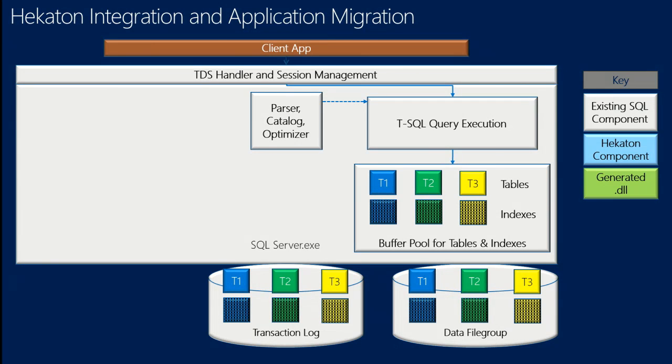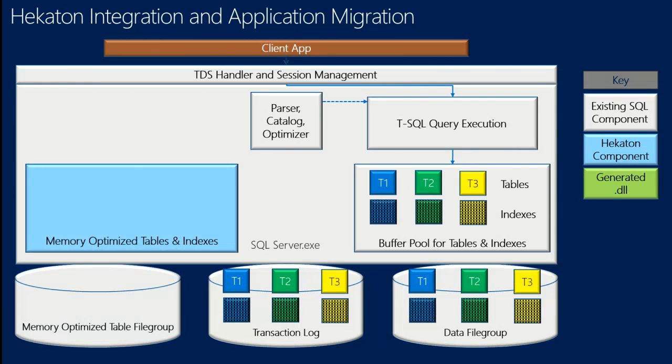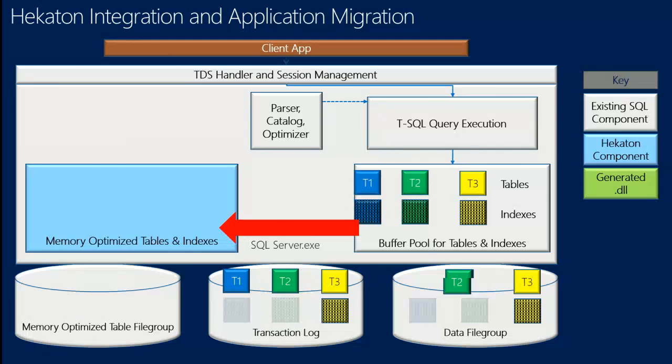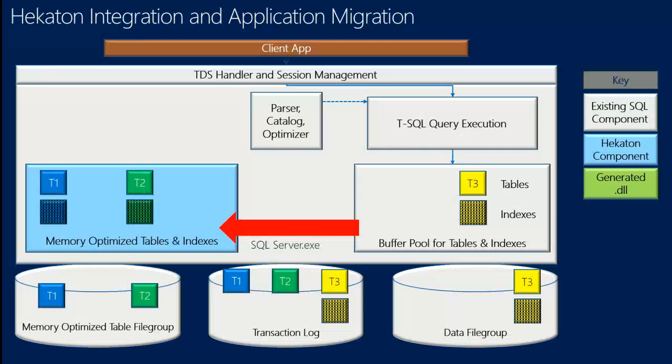And that's pretty amazing. Now with that information, it identified some tables. In this case, it identifies tables T1 and T2. So I'm going to migrate those tables into the in-memory OLTP engine. For the migration, you say create table T1 with memory optimized option on.